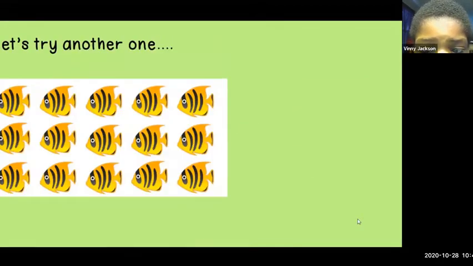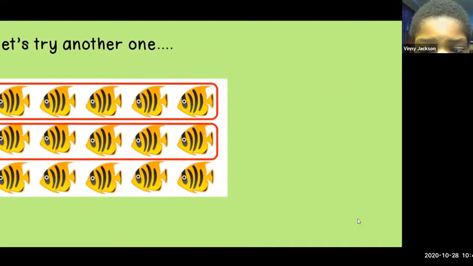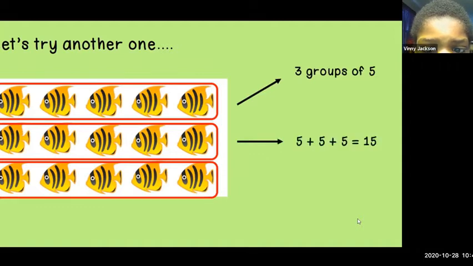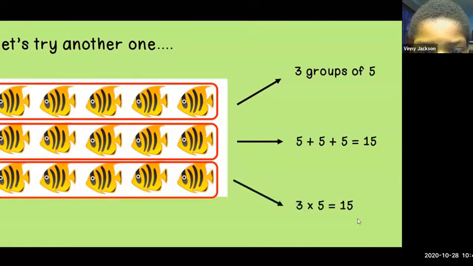Here's another one. 1, 2, 3 groups, and in each group is 5. 3 groups of 5 is the same as 5 plus 5 plus 5, which is the same as writing 3 multiplied by 5. All the answers are the same. We get 15.